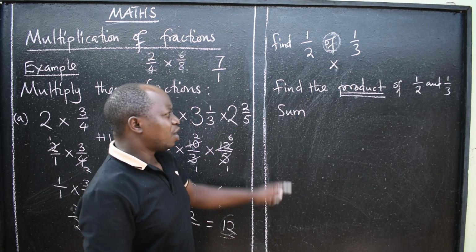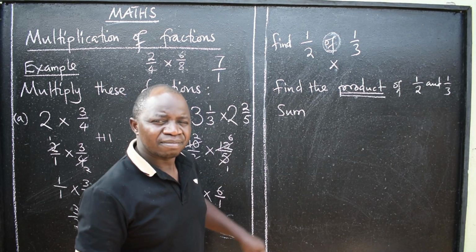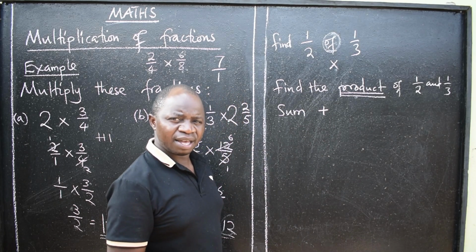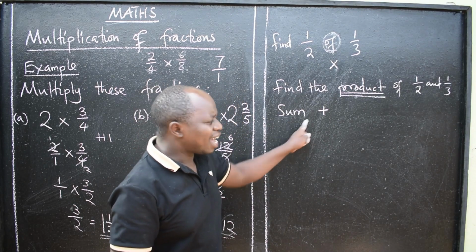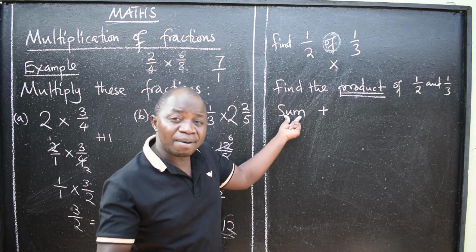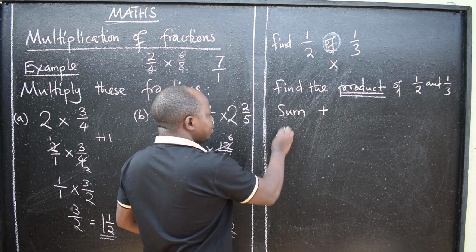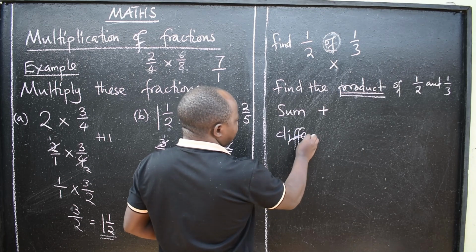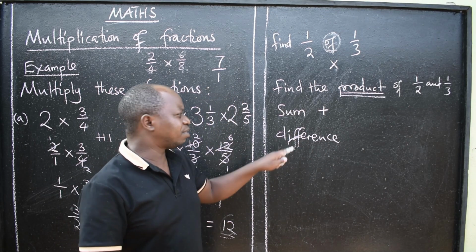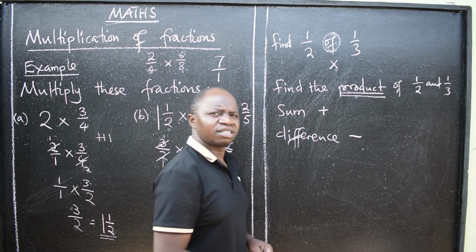The other way that I want you to know is we have sum. Okay, sum. When they say find sum, it means add. The answer you get after you add, it is called sum. When you use the word difference, find the difference, it means subtract.